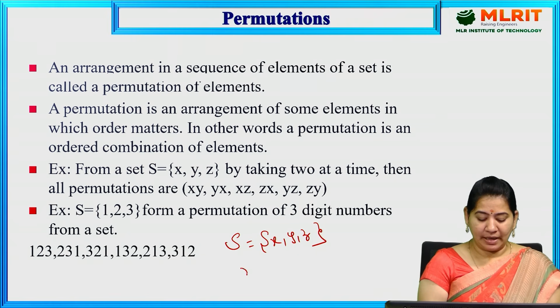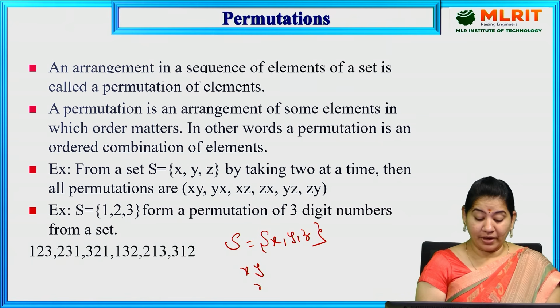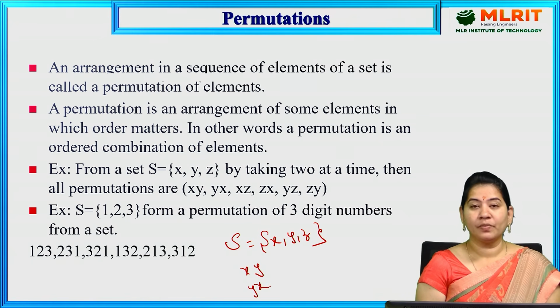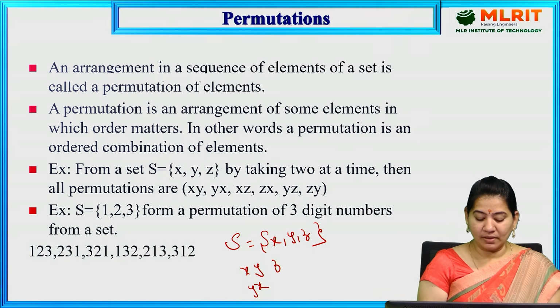Here I can choose xy, and I can also choose yx, because xy is one order and yx is another order. You can choose either xy or yx, or zx, or zy, and then yz.